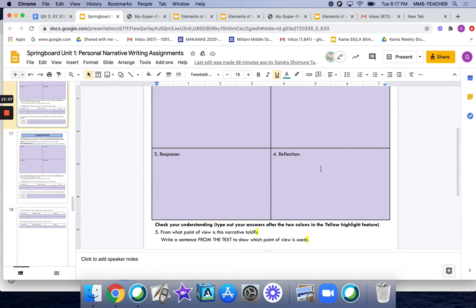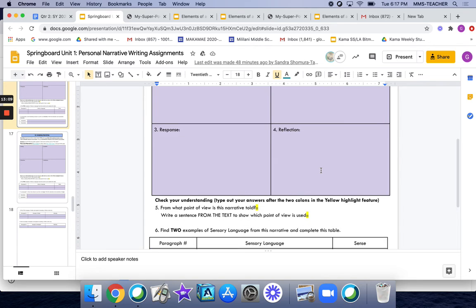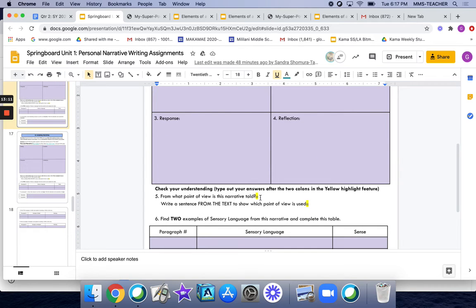And when you are done, go ahead and answer number 5. And remember, you're going to type after the yellow colon. When it asks what point of view this narrative is told in, you're going to write down whether it is first person, second person, or third person, and write a sentence from the text to show which point of view is used. So remember what we learned about point of view and the words associated with it.